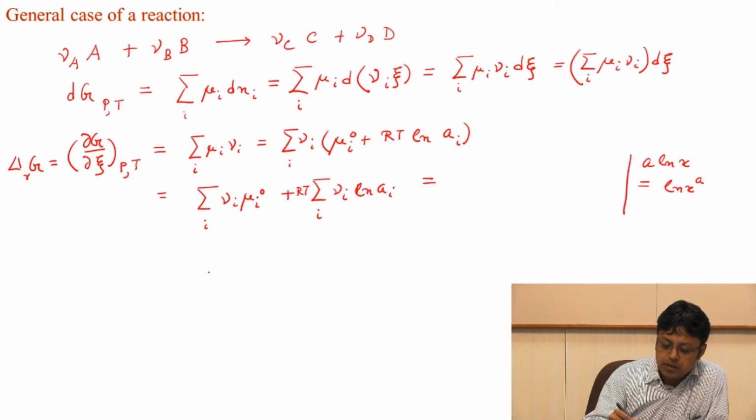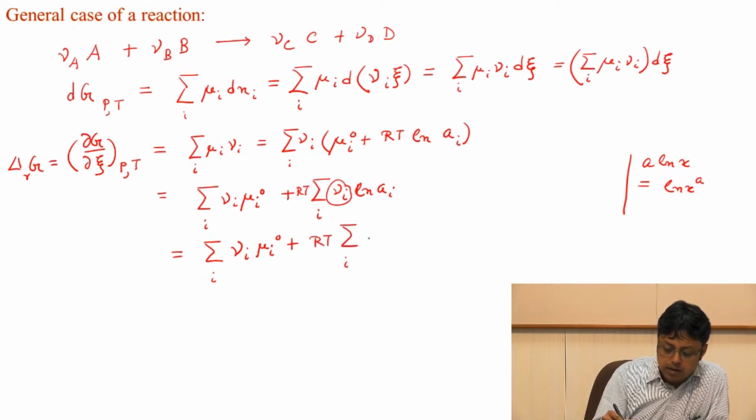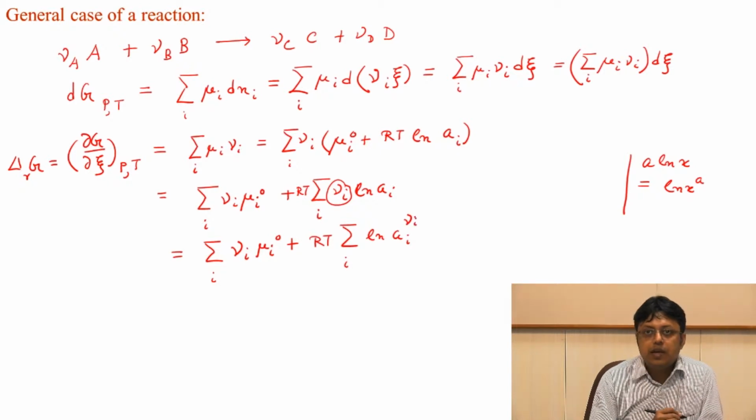So I can use this factor nu i as a power of the logarithmic term. We can write it as the sum over i of nu i mu i 0 plus RT, and then the sum over i of ln a i raised to nu i.